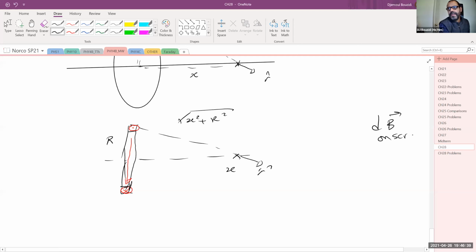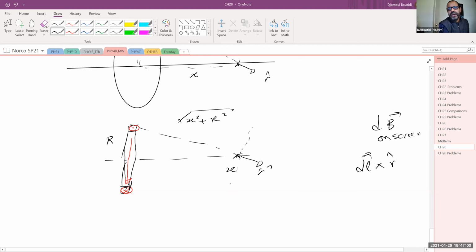But not anywhere on the screen. First of all, it has to be here because we are trying to find it in here, okay? It also has to be perpendicular to r hat because it's a product of dl and r hat. So for that, it has to be in this direction.